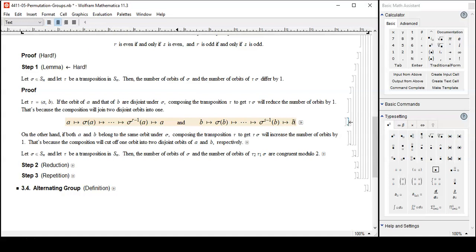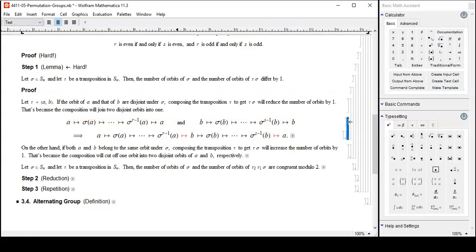And then the composition will join those two to get one big orbit. So two orbits reduce into one, and every other orbit is unaffected because tau will not affect anything other than A or B. So the total number will be reduced by 1.